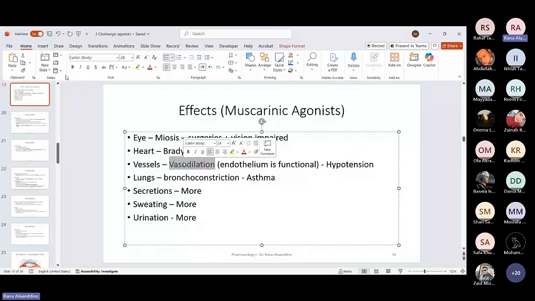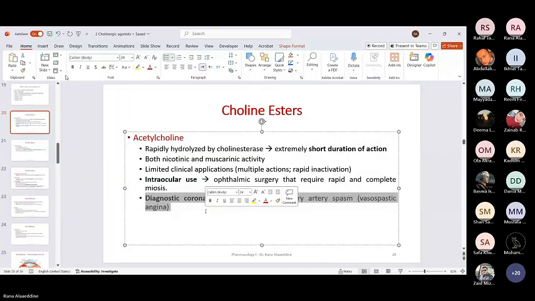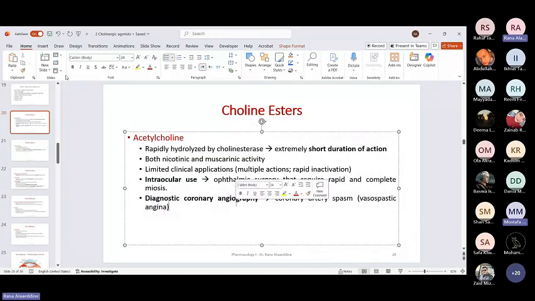Now, guys, have you heard of this word before in geography? Do you know what catheterization is? Okay, this catheterization is in angiography.